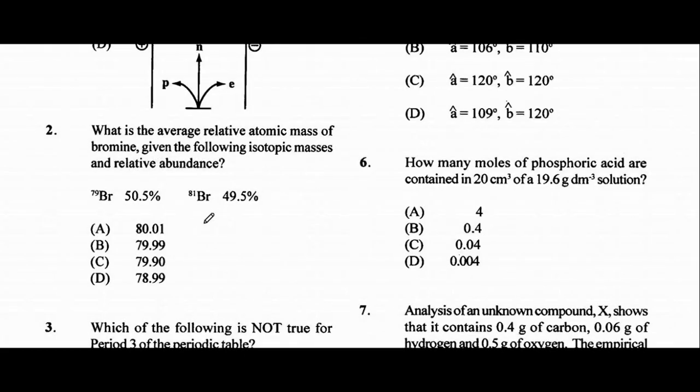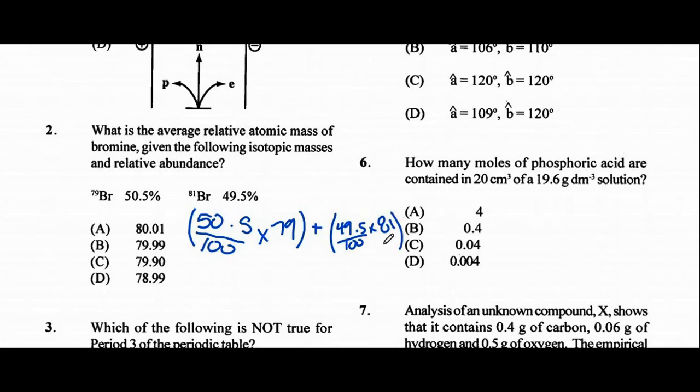Now we have 50.5%, that's 50.5 over 100, times 79, and we're going to add this value to 49.5 over 100 multiplied by 81, and let's put that into the calculator.